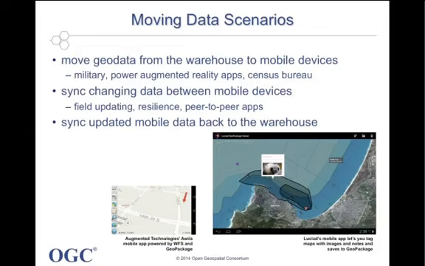Let's say you meet another person or another device that has that same data set, and they've also been making changes and creating better information. It would be nice if you could just synchronize what you've been doing, so that you don't have to go back, quote unquote, home to get the latest information. You can sync with whatever new device you meet out there in the field.